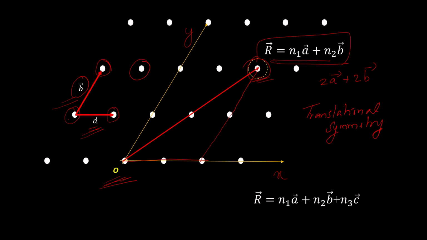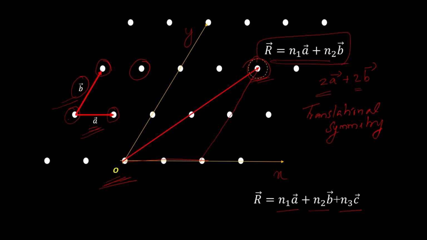So you have three indices. The position vector can be represented by n1a plus n2b plus n3c, where n1, n2 and n3 are integers like what we have seen here, and a, b and c are the lattice vectors along x, y and z directions respectively.